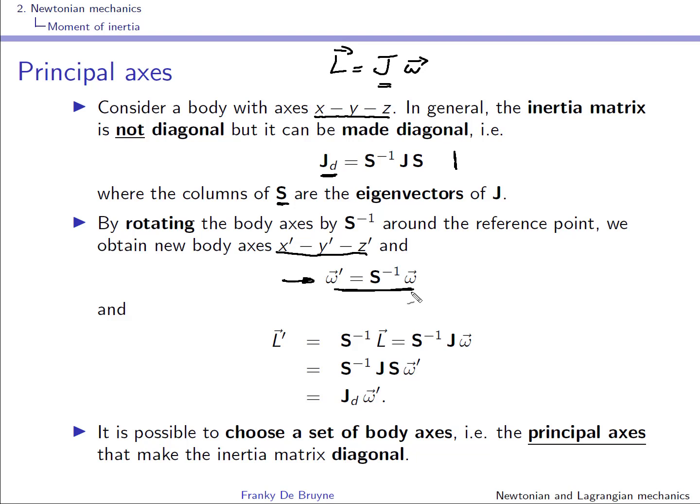Then you can write that the total angular momentum expressed in this new frame is J_D times the angular velocity vector in this new frame, with the advantage that this is diagonal.